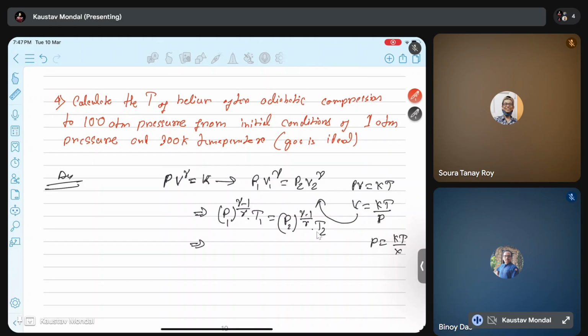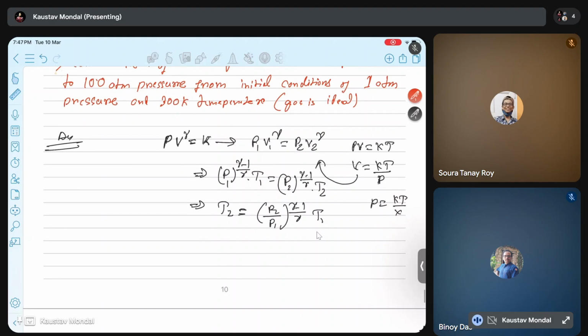In this case, the T final, that is T2, would be P2 by P1 to the power gamma minus 1 by gamma into T1.